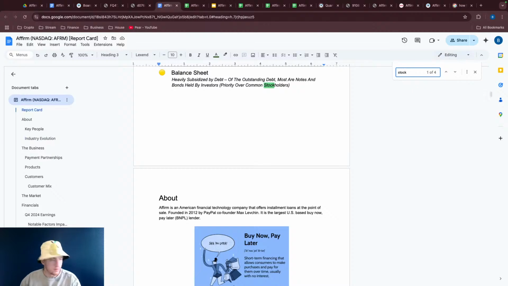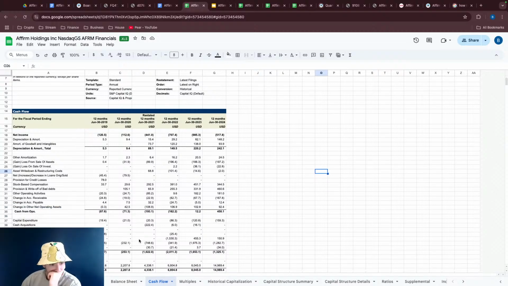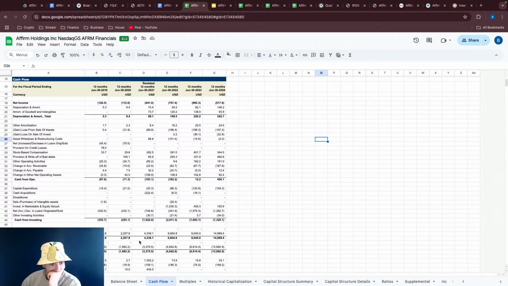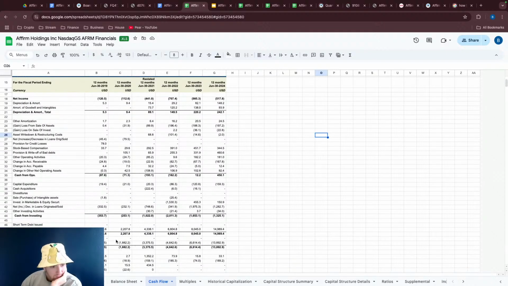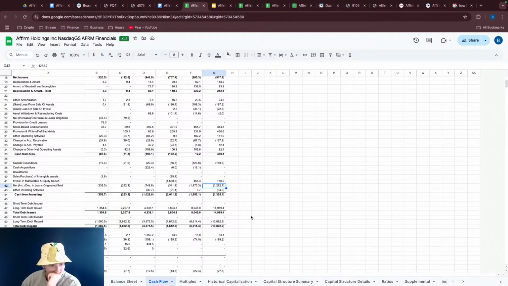It's not there. They have a net decrease in 1.2 billion from investing.